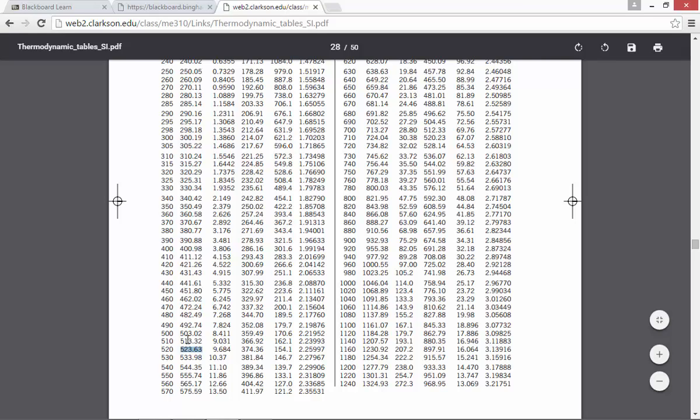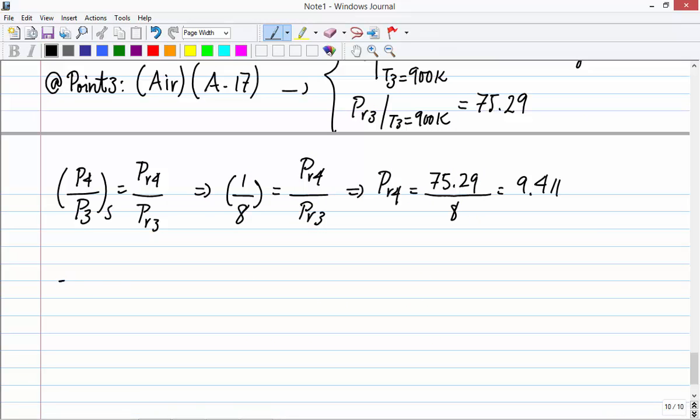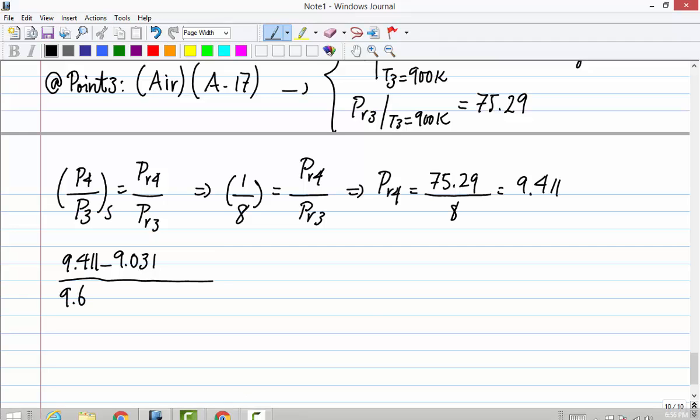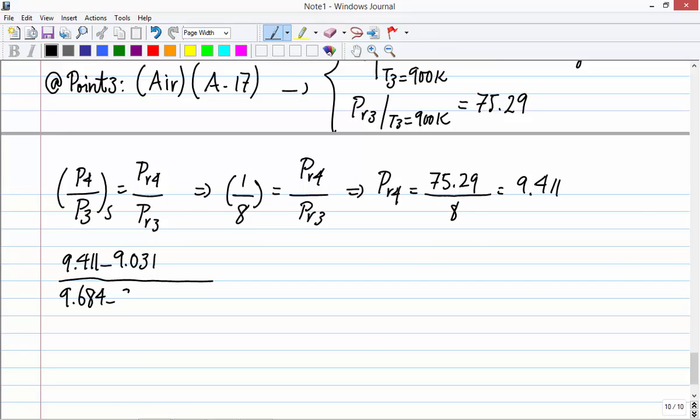So the H at 4S would be between these, T at 4S would be in between, and all these values would be in between these two. Interpolation, looking for H4S.